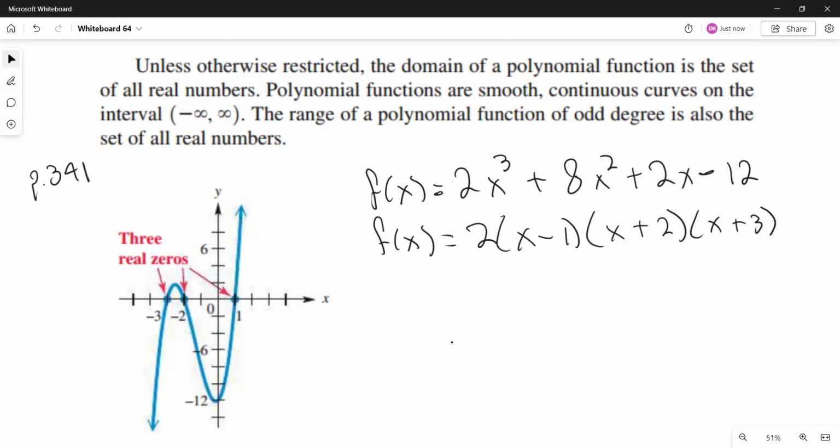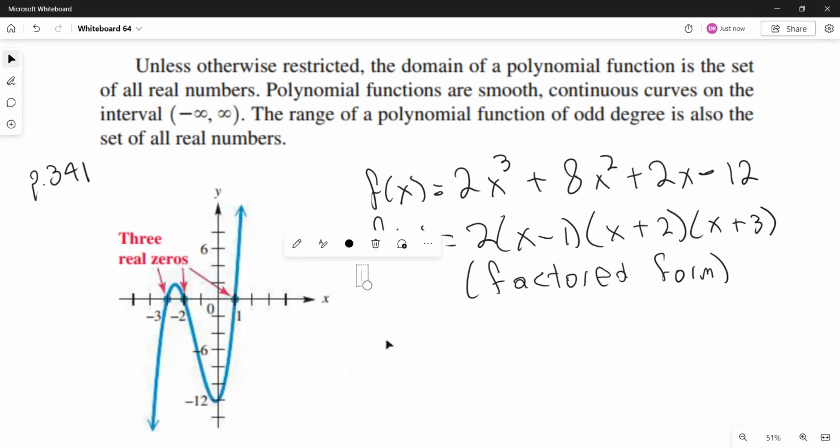So we learned in the previous section that the zeros are 1, -2, and -3, and they are zeros of multiplicity 1. So this is just the exact same function, but in factor form. Okay, so this function has real zeros at -3, -2, and 1.